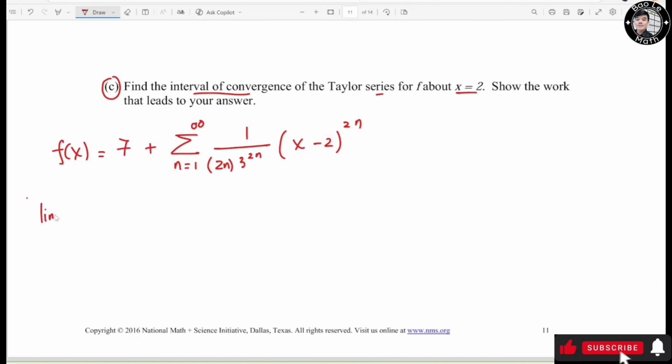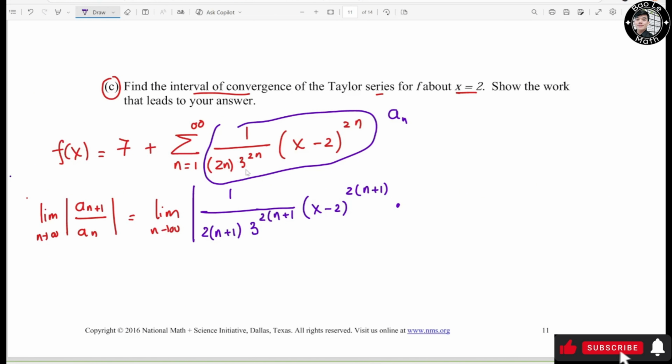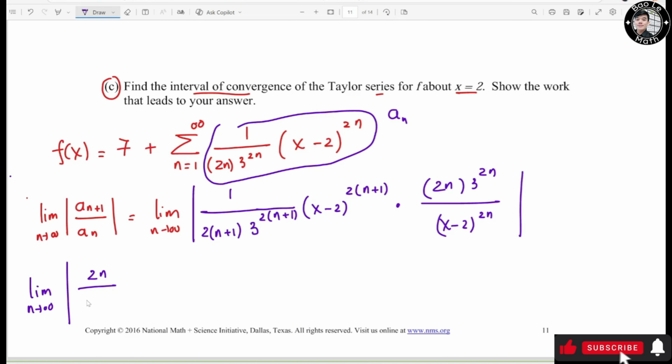So we have the limit of the absolute value of a sub n plus 1 over a sub n as n approaches infinity. I'm going to let this one right here be a sub n. So a sub n plus 1, we need to multiply by this one's reciprocal. So it's going to be the limit as n approaches infinity of the absolute value of, we have 2n on the top right here over 2 times n plus 1 on the bottom.